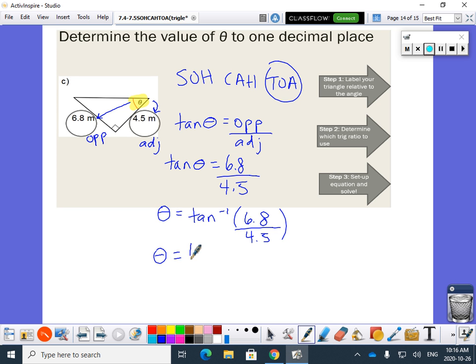So for those of you who like to put in decimal first, 6.8 divided by 4.5 is 1.5111. And if you were to then type into your calculator, what do we get? And we want 1 decimal place, so 56.54 stays at 56 point. Good.